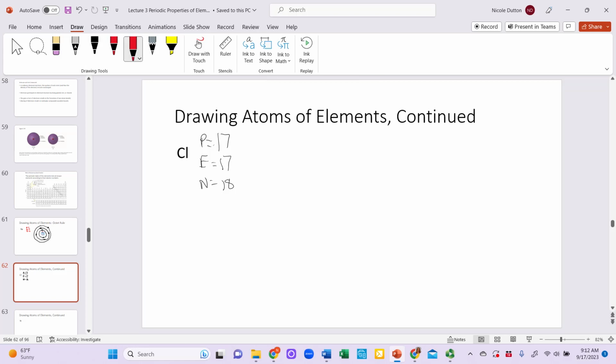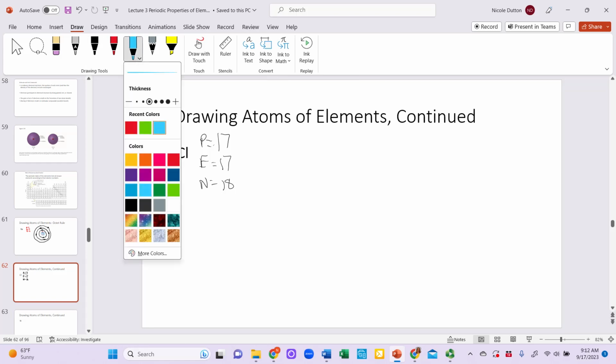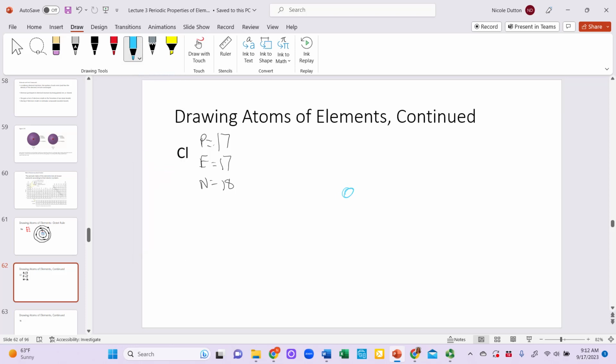So now instead of drawing out everything in the nucleus, I'm just going to draw the nucleus like a big circle. And we know that there's 17 protons and 18 neutrons in that central circle. But now I'm going to draw out the rings to distribute the electrons. So the first ring, if you remember, this first orbital can hold 2 electrons. 1, 2.